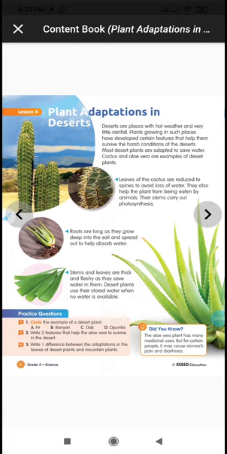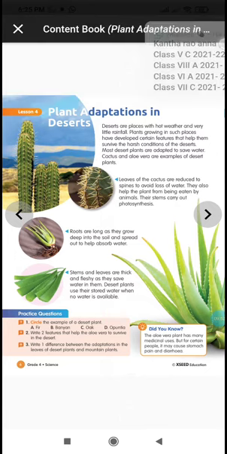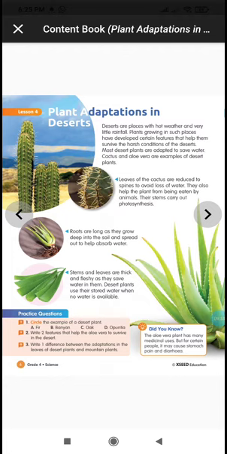Write in the textbook itself. And the third one is: write one difference between the adaptations in the leaves of desert plants and mountain plants. Yesterday you learnt that mountain plants have needle shaped leaves to drain the snow easily.